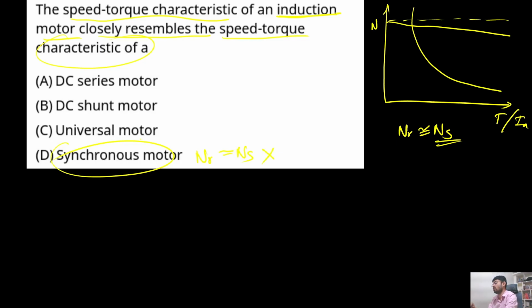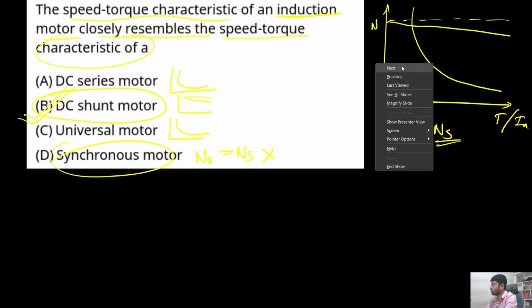Universal motor is a series motor, but it can also work on DC as well, so those characteristics are like this also. And the DC shunt motor is like this almost. So option B is the correct answer. The DC shunt motor and the induction motor speed torque characteristics are mostly similar.